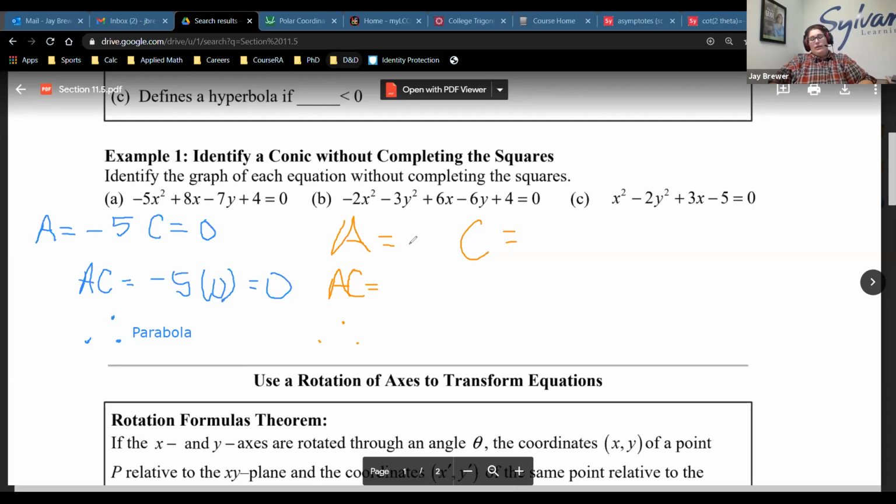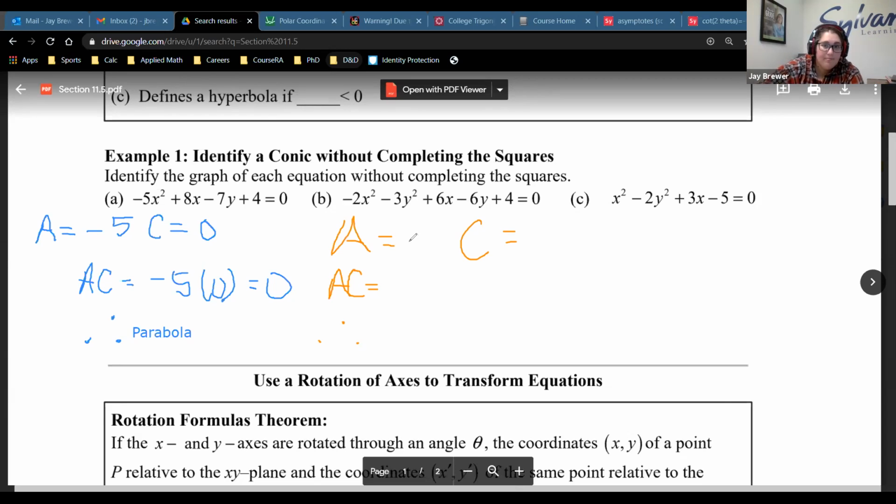A goes with the x squared. So what are we looking at there? If it goes with x squared, then it's going to be -2.